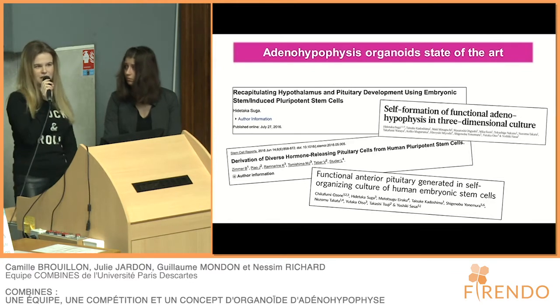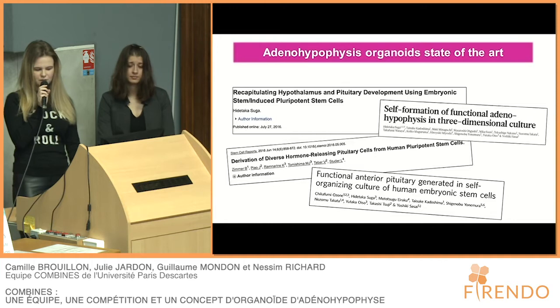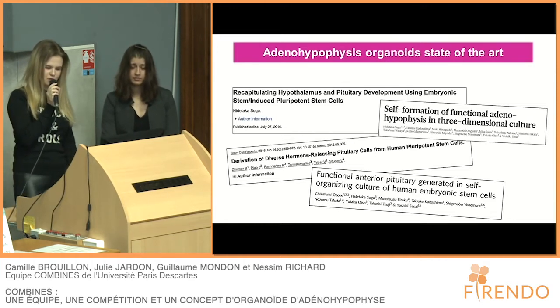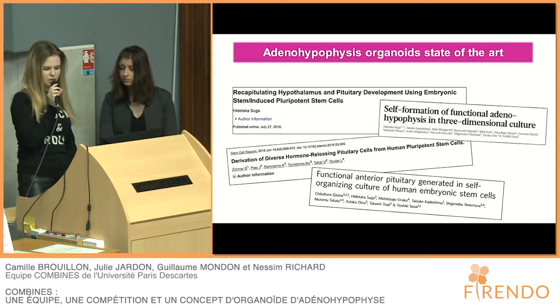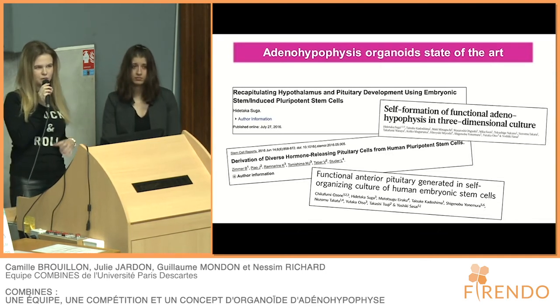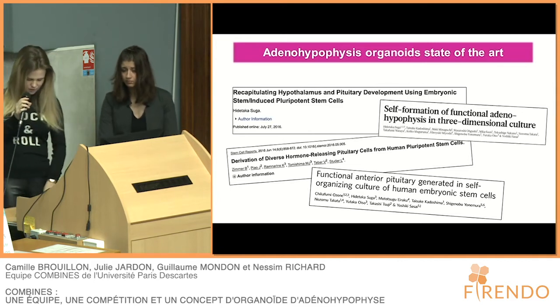It was really challenging for us because there are few articles dedicated to the subject, but we focused on the last one, below, the article of Ozone, because he was focusing on 3D culture, the culture of interest to realize organoids.